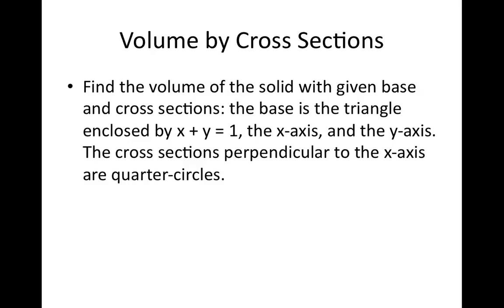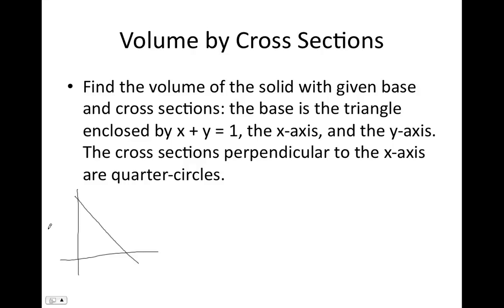groups and practice. So this first one says to find the volume of the solid with a given base and cross sections. The base is the triangle enclosed by the line x plus y equals 1, which is going to look like this, right? y equals 1 minus x, the x-axis and the y-axis.